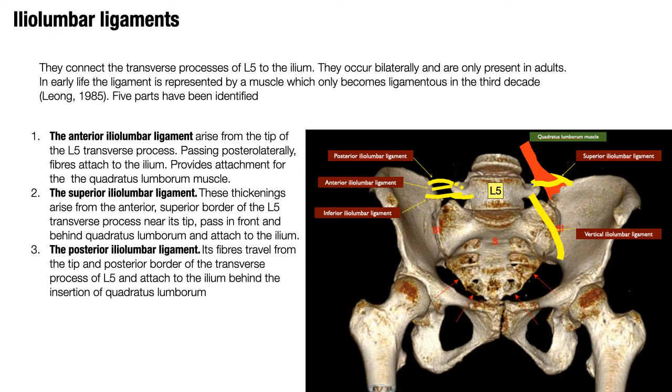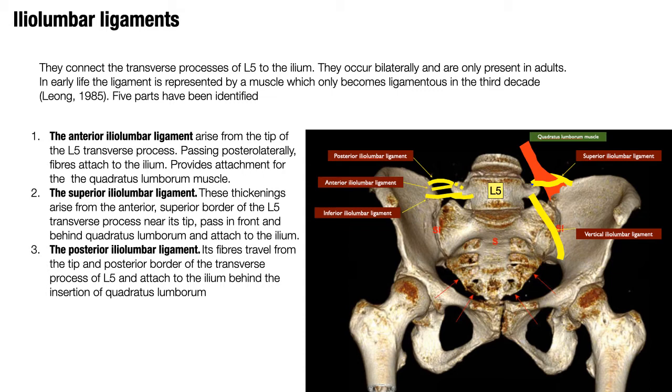The superior iliolumbar ligament, which is there, also travels from the transverse process of L5, surrounds the quadratus lumborum muscle, and attaches to the ilium.